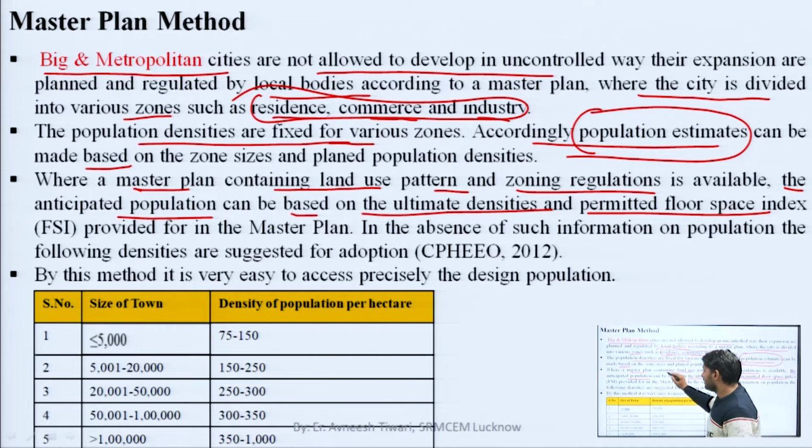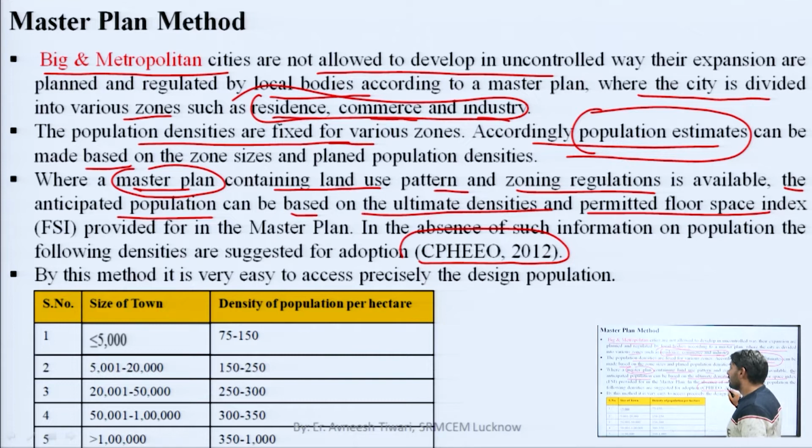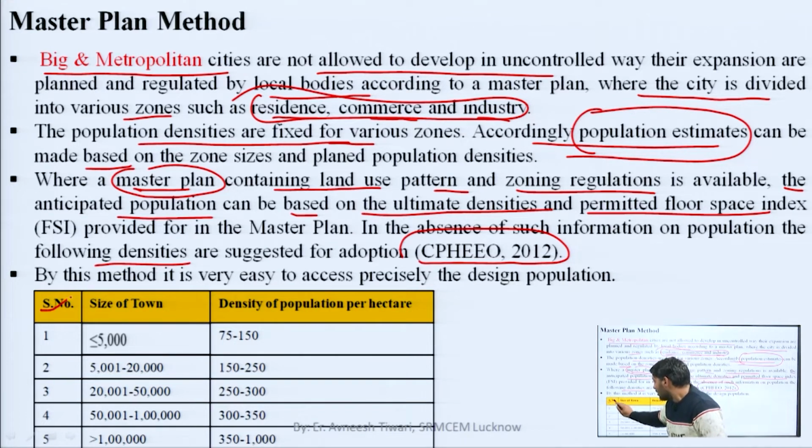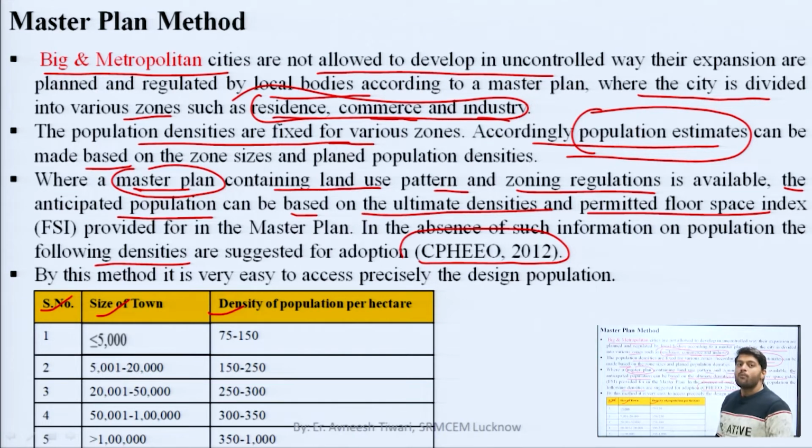If the master plan is not present, what will we do in the absence of such information? According to the CPHEEO manual, we are going to estimate the population using densities. For different sizes of town, the densities of population per hectare are as follows.